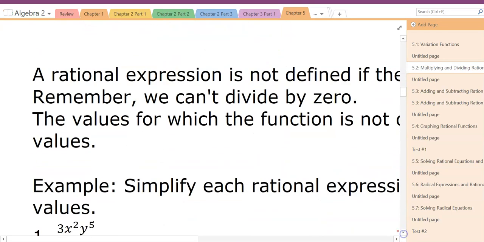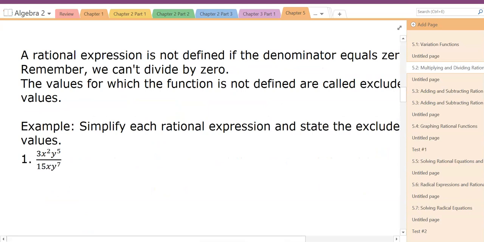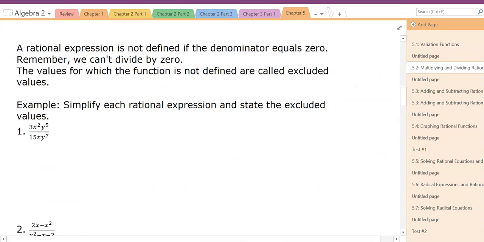Now, to kind of continue on with what we've been talking about, a rational expression is not defined if the denominator ends up equaling 0. That basically reminds us that we cannot divide by 0 mathematically. If we try to do it, you're going to get an error message or your calculator will say undefined. It won't do it for you if you're trying to divide something by 0.